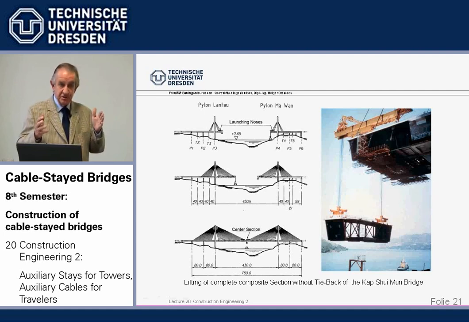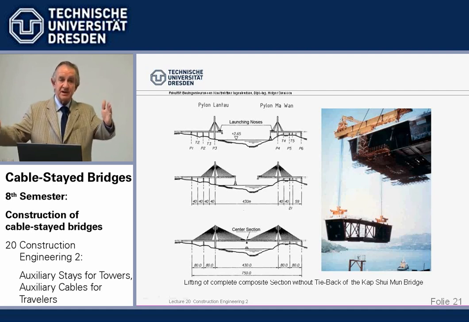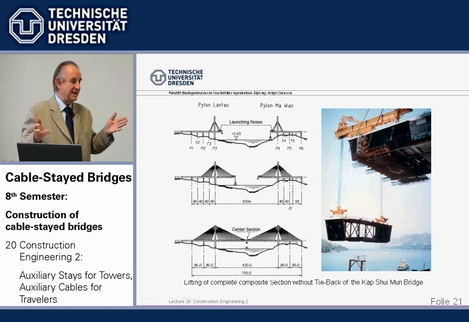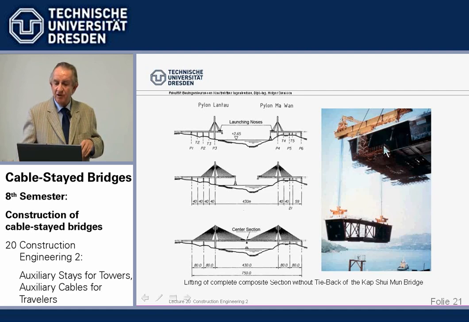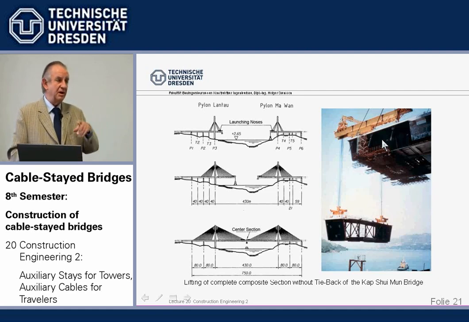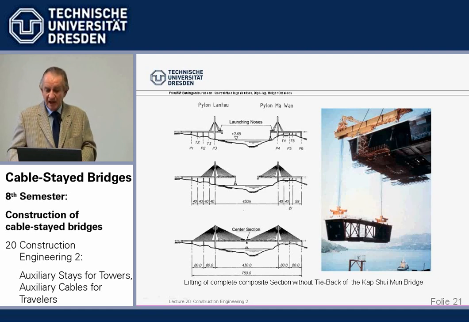I mentioned to you as one extreme 10 meter cable distance, 1 meter beam depth, 1 in 10 for a cantilever, which probably doesn't work. Completely different situation for the Stonecutters... for the Cap Shui Mun Bridge in Hong Kong, going to the formerly new Lantau Airport. I've mentioned that several times before, it is a double deck cross section.